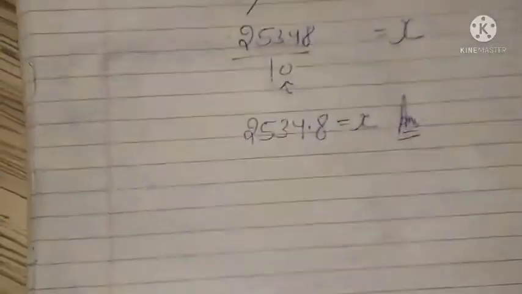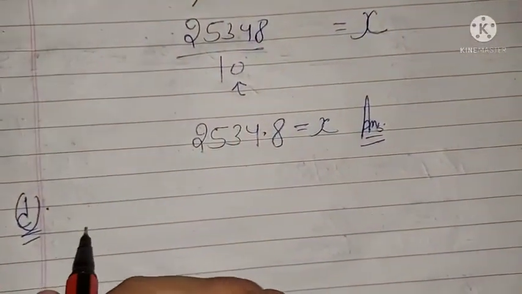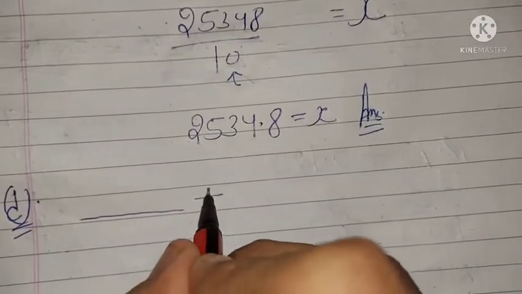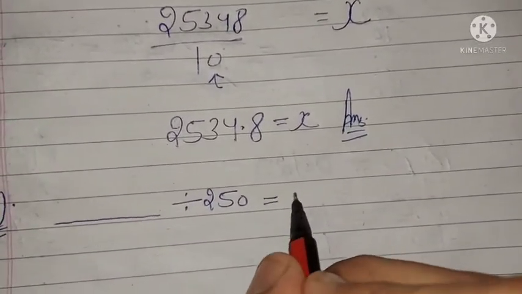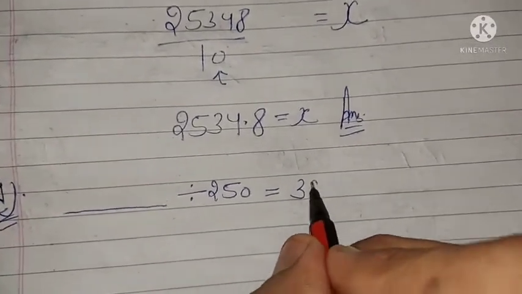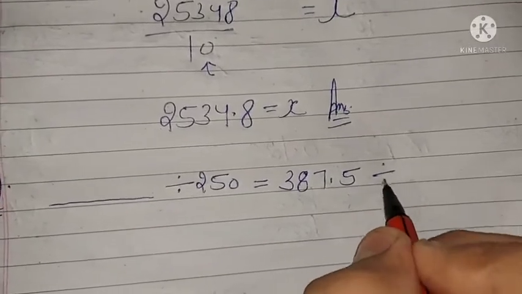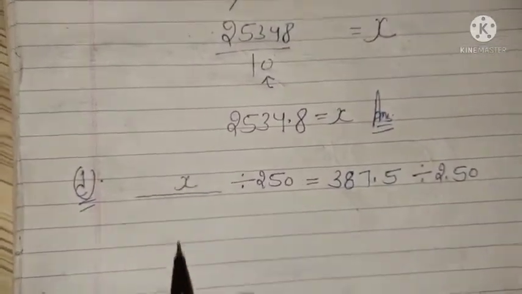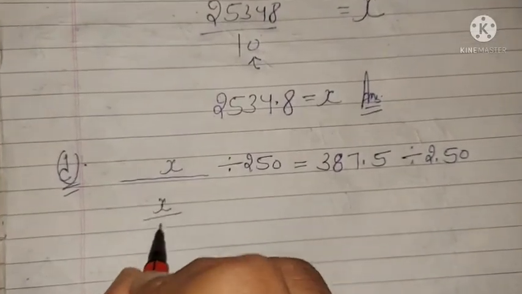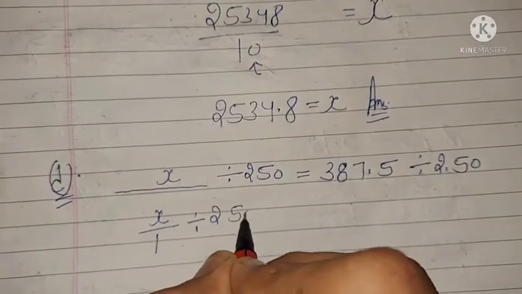We can try another question also, the D question. Dash divided by 250 is equal to 387.5 divided by 2.50. So here x would be there, x upon 1, 250 upon 1.